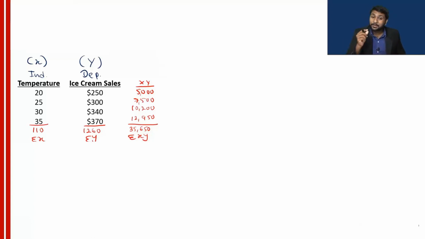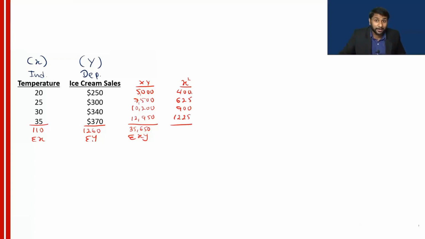Understand, x square you have to take first, then you have to take the sigma. Let's take the x square values first. 20 squared is 400. 25 squared is 625. Next one, 30 squared, 900. 35 squared, 1225.